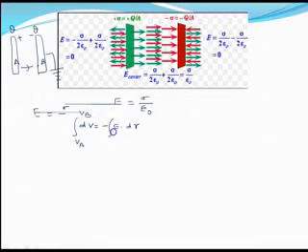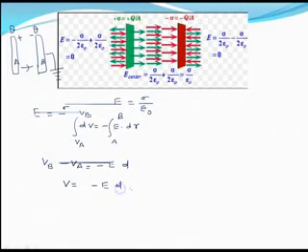I integrate it and I solve it. I think we will get VB minus VA equal to minus E, and this distance between B minus A, I say it is D. So this is the potential difference. I can say V equal to minus E into D.